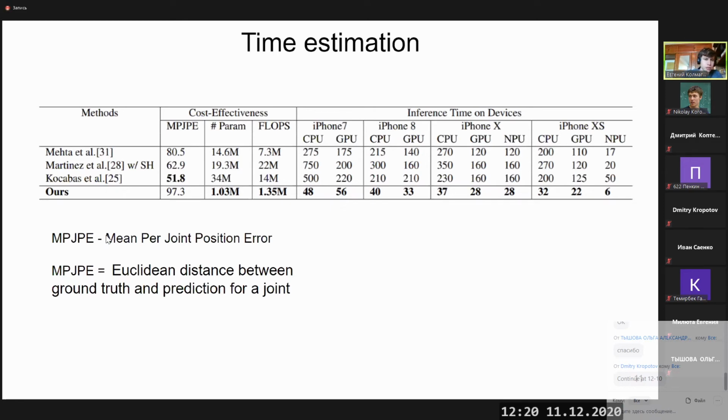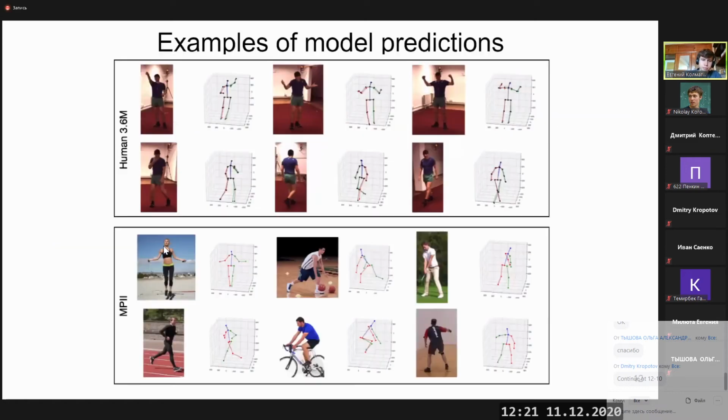They use mean per joint position error. This is equivalent to MSE, but also applies a mean between joints. Here are examples of model predictions. As you can see, the model produces not bad predictions.